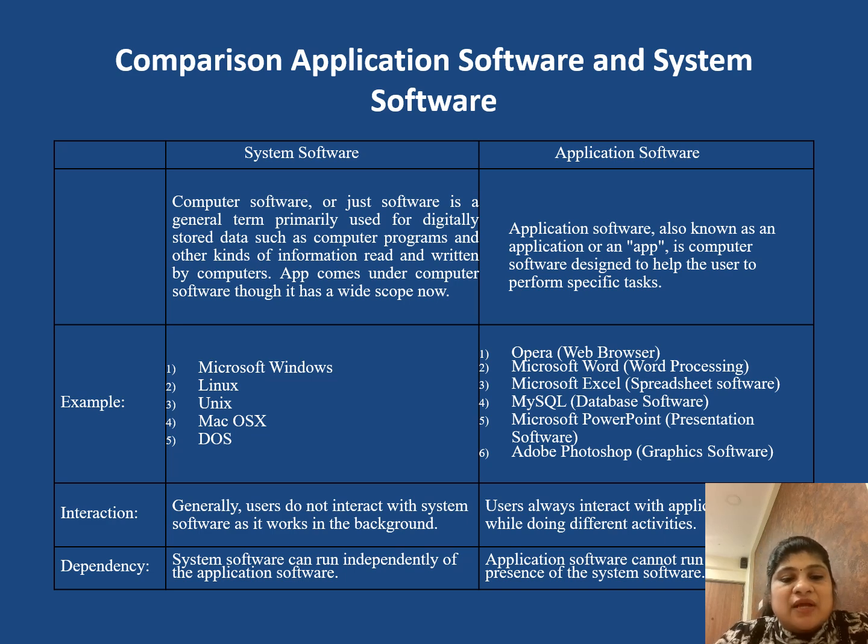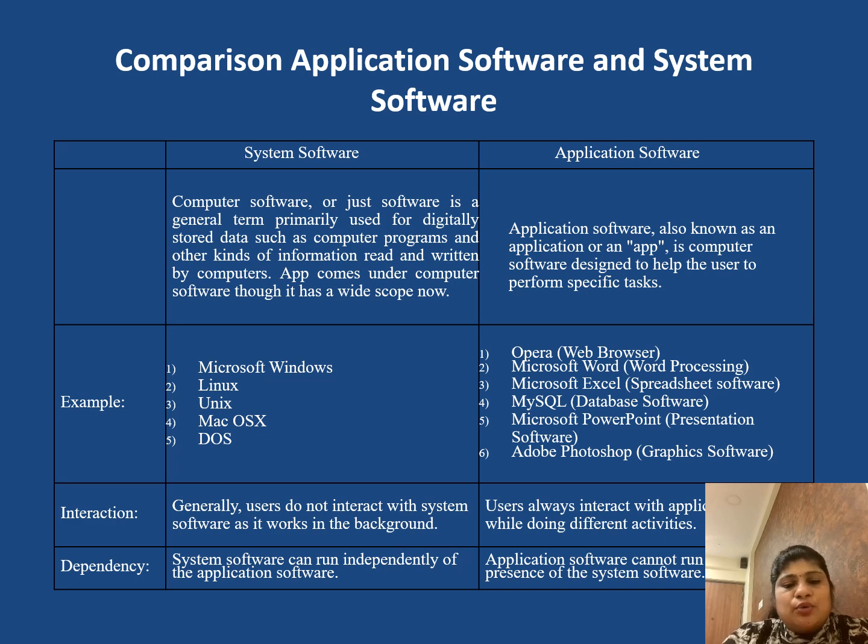Some system software examples are DOS, Unix, and Microsoft Windows, and some application software examples are SQL, Microsoft Excel, Microsoft Word, and Microsoft PowerPoint. Any instructions are related to the system software.